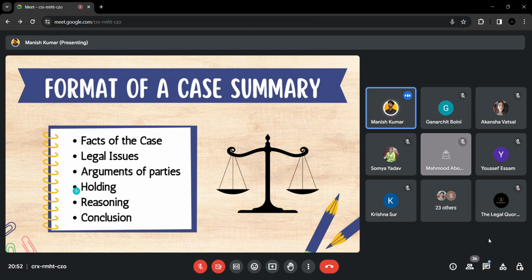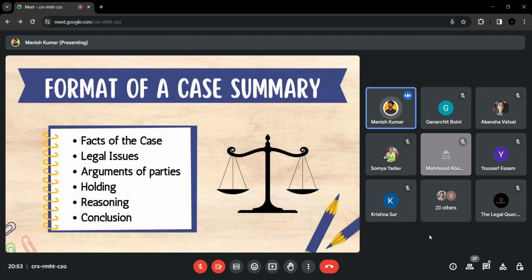Thereafter, you have to provide the court's rationale behind that holding. So in this, you have to provide what reasoning was employed by the court, and by what reason the judges came to that conclusion.